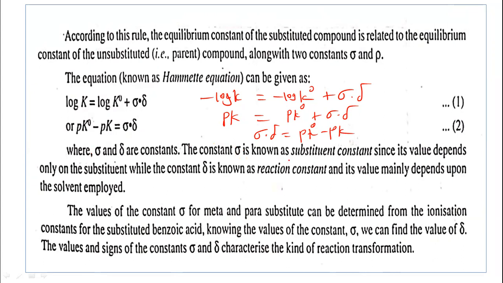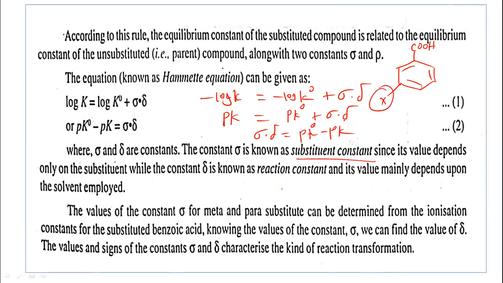The constant sigma is known as the substituent constant. For example, in benzoic acid, the carboxylic group is there, and suppose there is any substituent at the meta position or para position, so sigma is called the substituent constant.